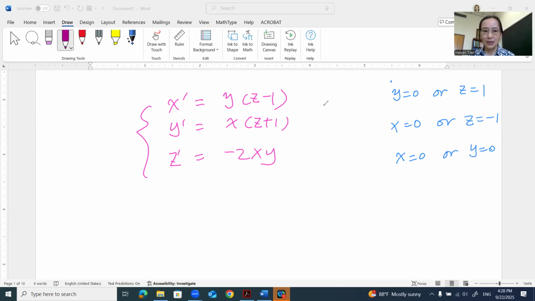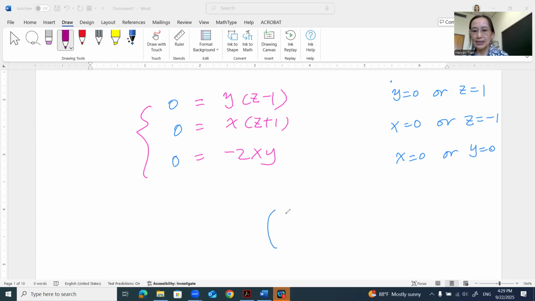So we have to make sure all 3 equations are 0. Now, what should x, y, z be?